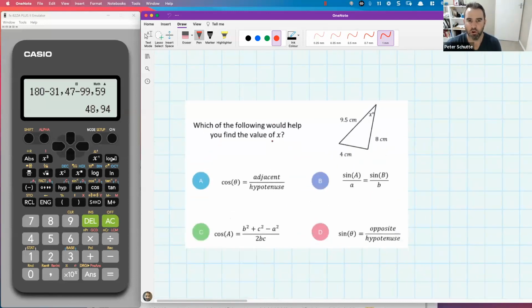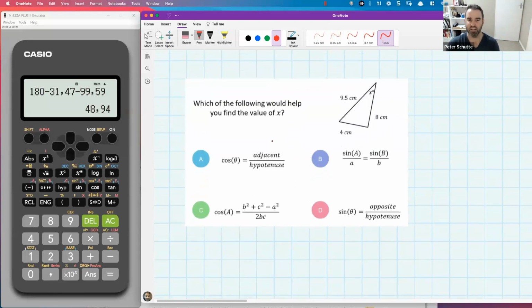Okay. Which of the following will help to find the value of X? I'm doing the remix now. And this is what the next lesson is really going to be about. It's going to be about how do you bring all three of these rules together to help us find sides and angles. Now, this is only good in a right angle triangle, so I can't use that one.